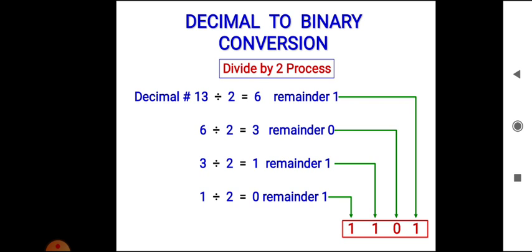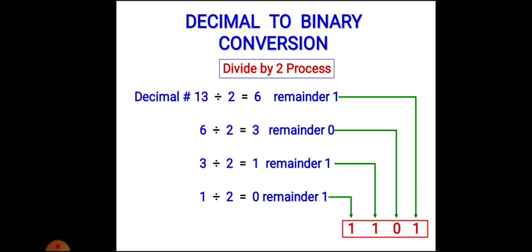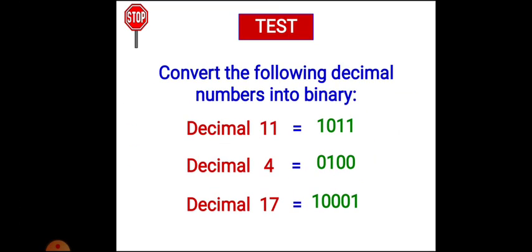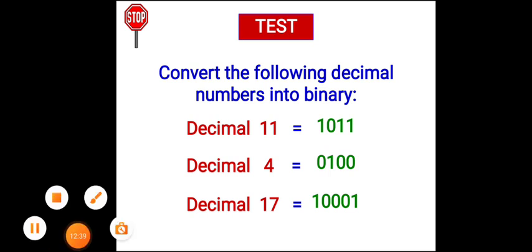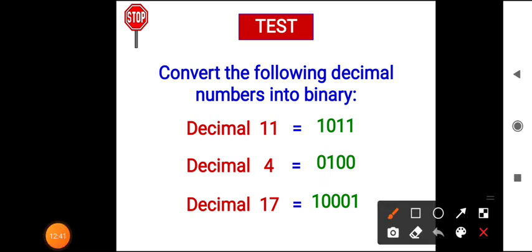So we always have to divide by 2, and write the remainders side by side. And we have some more examples here.